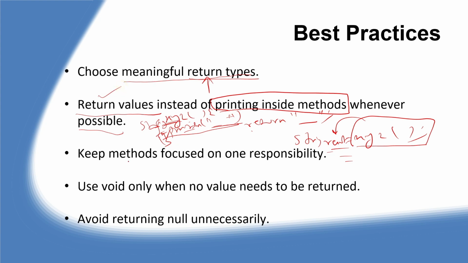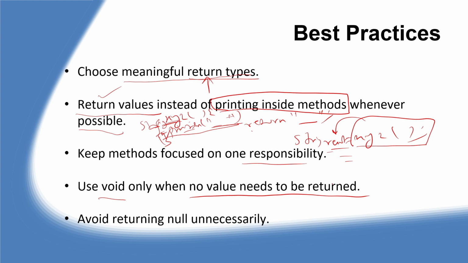Now the third point is keep methods focused on one responsibility. Modular programming: we should keep one method for one functionality. If one method has two responsibilities, then break that method into two methods. Then use void only when no value needs to be returned.